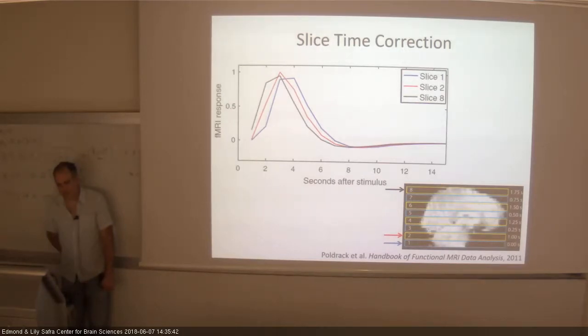Yeah, you could do that, but that would be a problem, because you want to stay time locked with your design, and we'll talk later about event-related design. You want to be pretty precise, but you can do something much more simple. You can average, or take the time. I don't know if that's what you meant, but if not, then I saved you. You just take the time of more or less the middle slice. Okay, so you can do some other things.